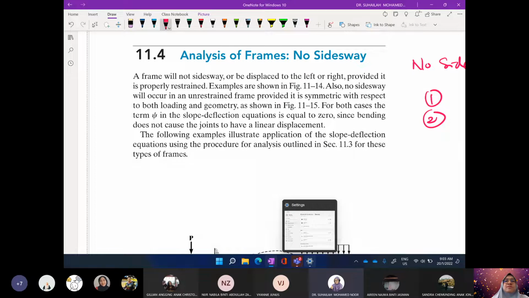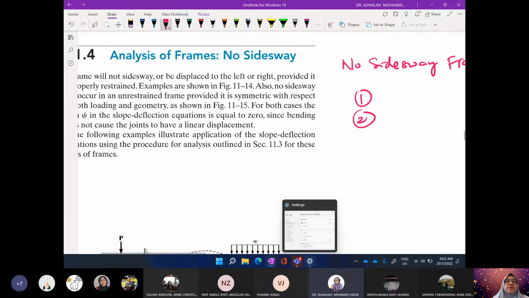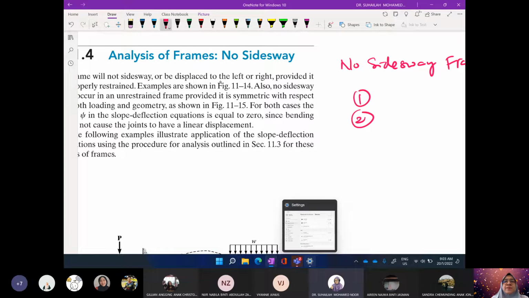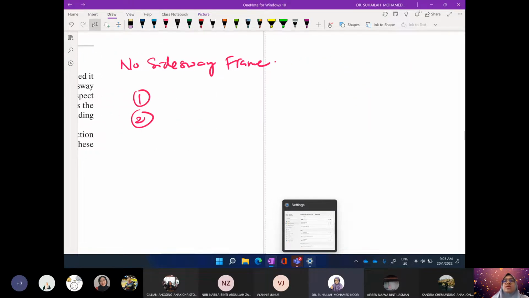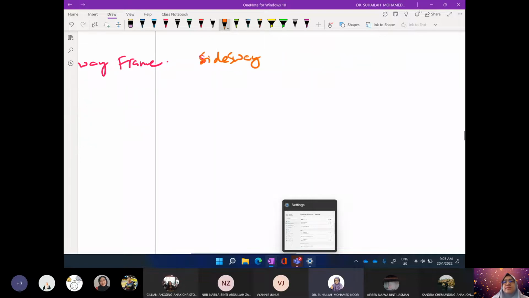Okay, not side sway means no displacement, no movement, no horizontal movement. Side sway means horizontal displacement. Side sway means horizontal movement.